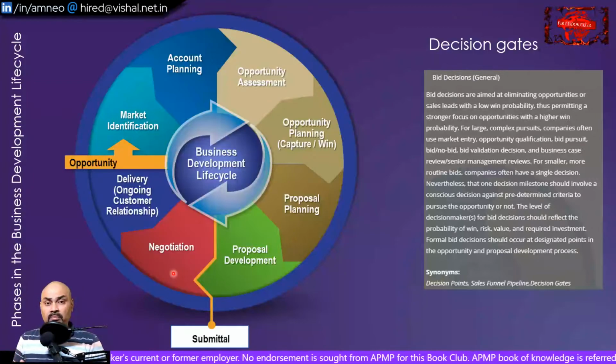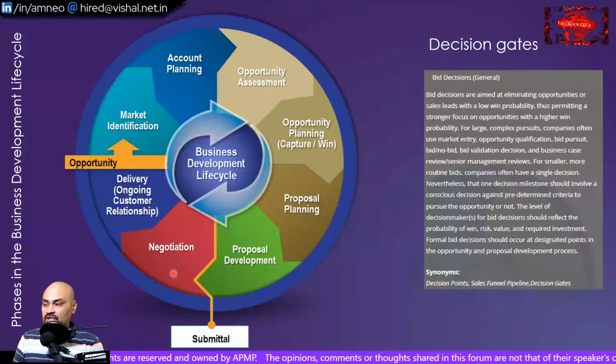It is more important that the organization and its key decision makers focus and do their market identification, account planning, and opportunity assessment very carefully, so that they can provide a very clear goal to the internal processes, and that is where the whole business development life cycle comes into the picture.